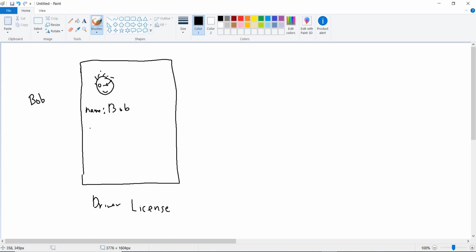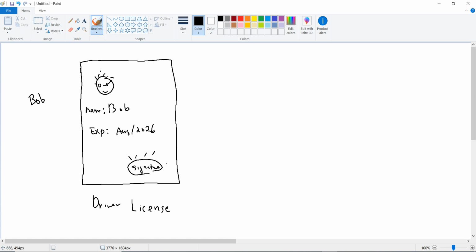And then there is what? The expiration date. So this driver license is, let's say, valid until August 2026. And then finally, there is this stamp. We'll call it a signature. Who signs this driver license?